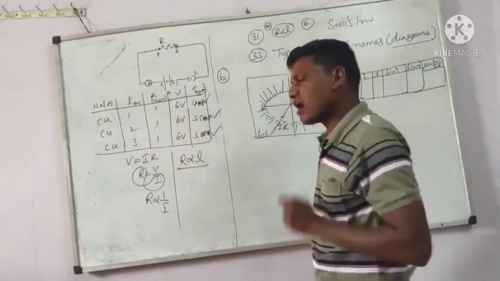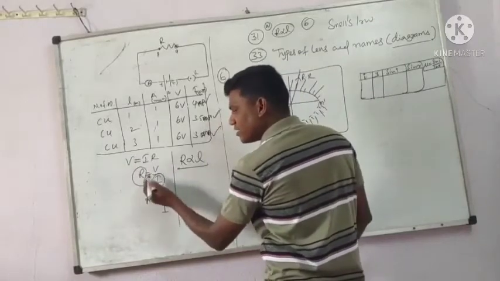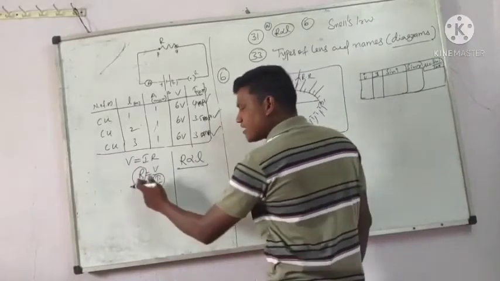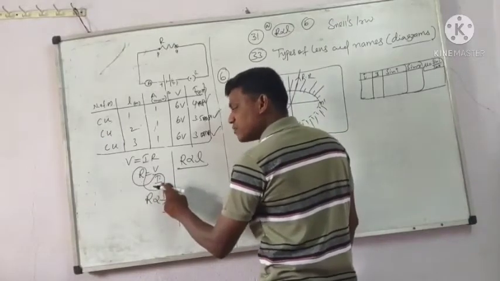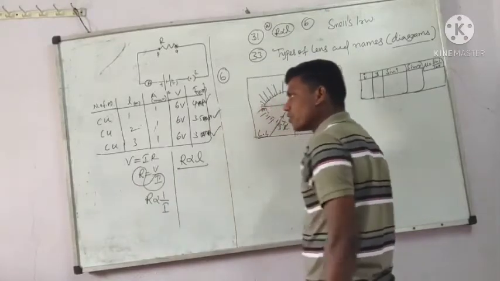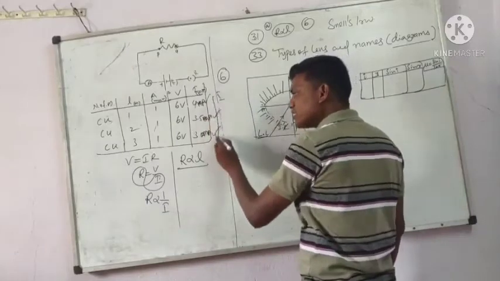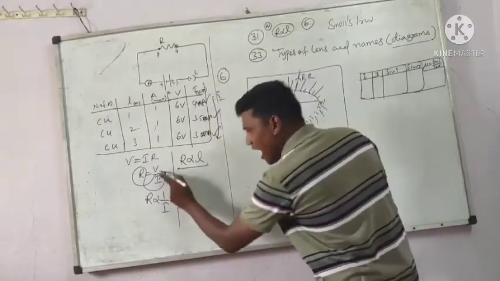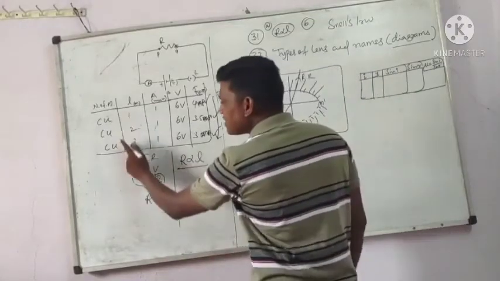According to Ohm's law, V equals IR, then R equals V by I. What is the relation between R and I? If the flow of current is more, resistance is less. If I is less, R is more. Here we observe that the I value gradually decreases, which means R increases. Meanwhile the length is increasing.